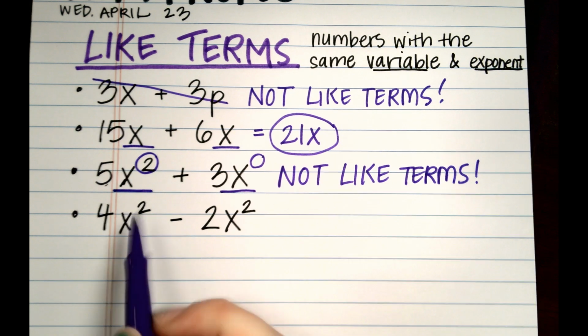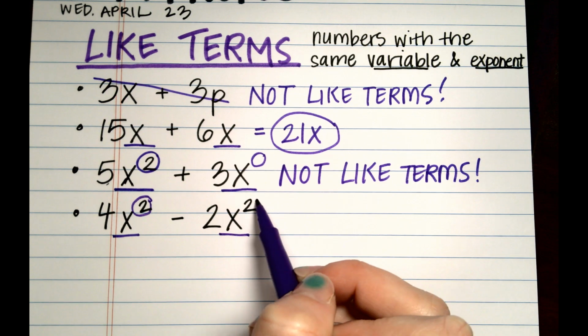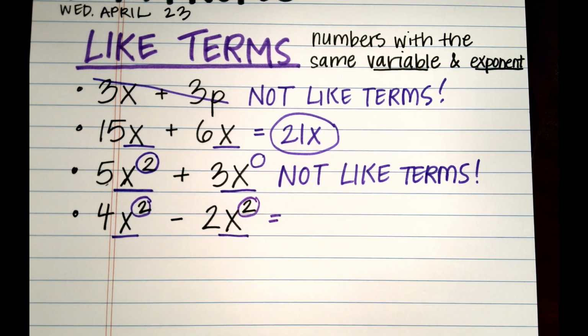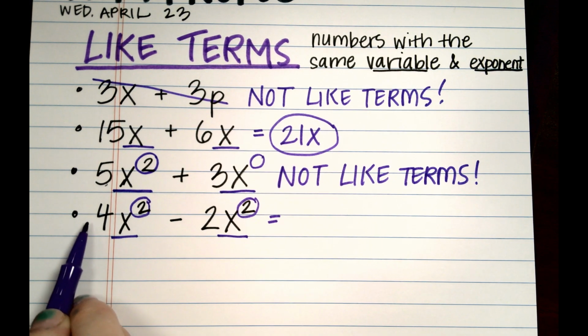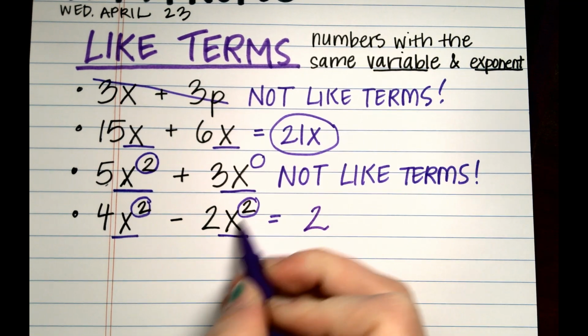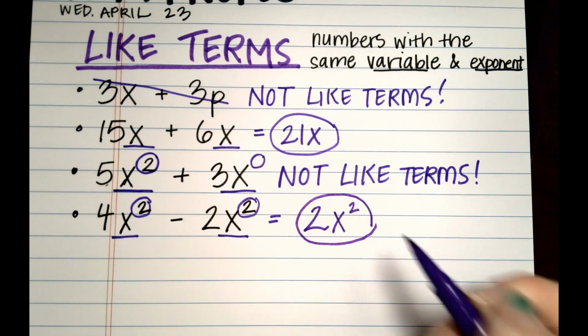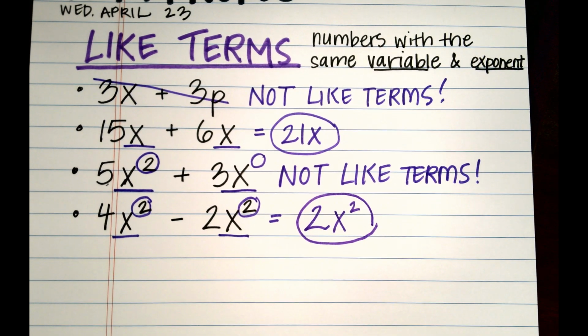Yes, they both have x squared. What would 4x squared minus 2x squared be? 2x squared. We just take 4 minus 2 and we get 2x squared. Perfect.